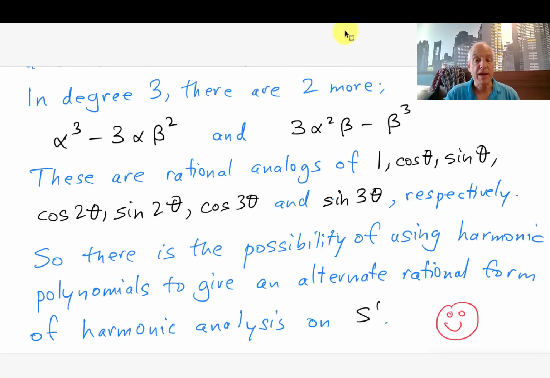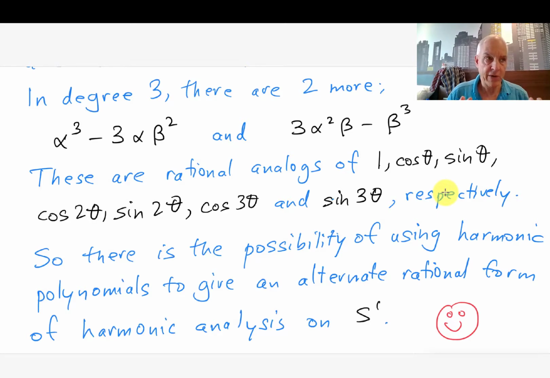Now in degree 3, there happen to be 2 more. There's alpha cubed minus 3 alpha beta squared. You can check that that's harmonic, and also 3 alpha squared beta minus beta cubed. You can check that's harmonic also. So the ones that we've listed so far are basically rational analogs of 1, cos theta, sine theta, cos 2 theta, sine 2 theta, cos 3 theta, and sine 3 theta in that order.